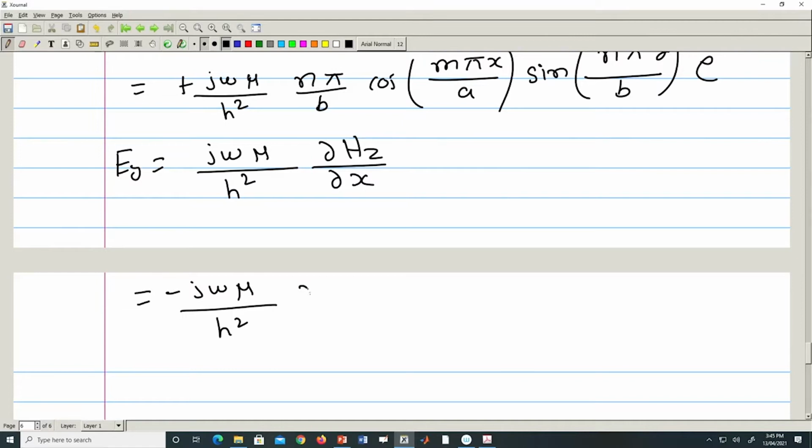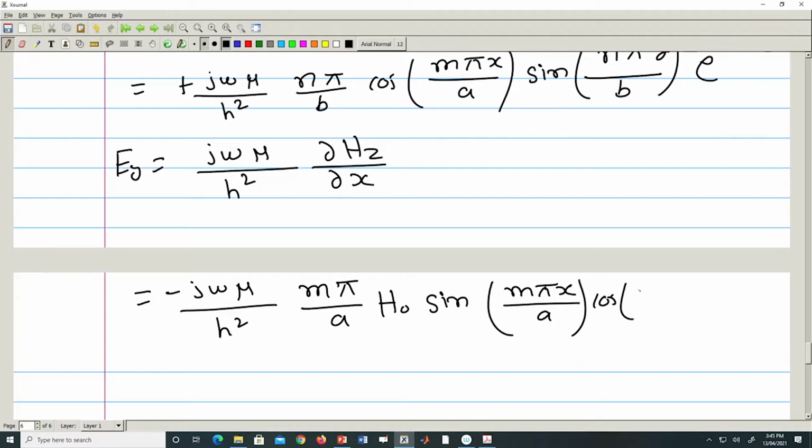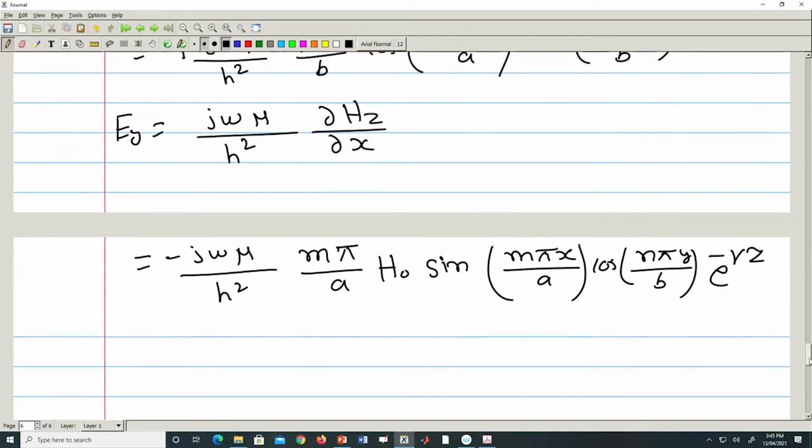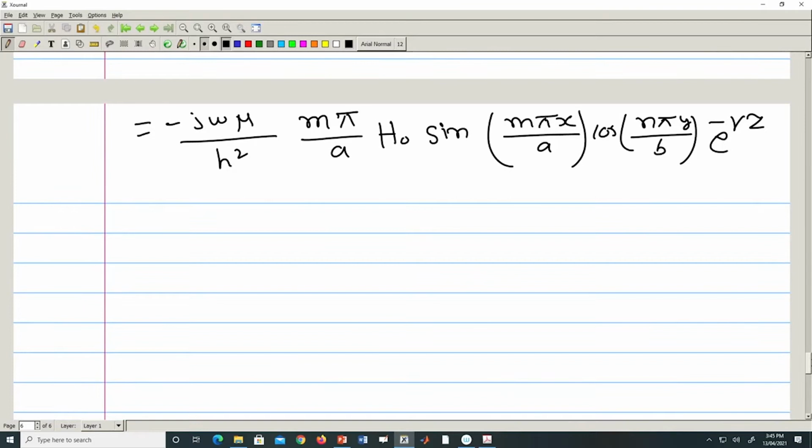So, m pi by a H naught sin of m pi x by a cos of n pi y by b e to the power minus gamma z. So, this will be the Ey. Similarly, we can calculate the Hx and Hy.